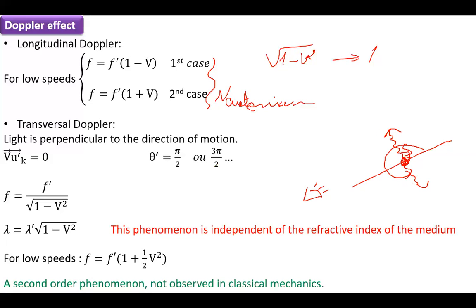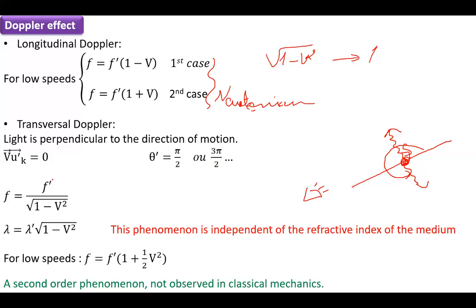Light is emitted perpendicularly to the trajectory of the source. Here, v times u is 0 because you have the scalar product of two perpendicular vectors, which is 0.